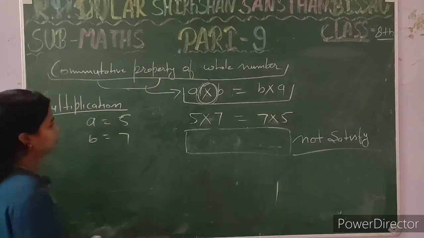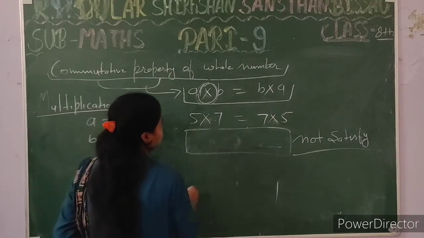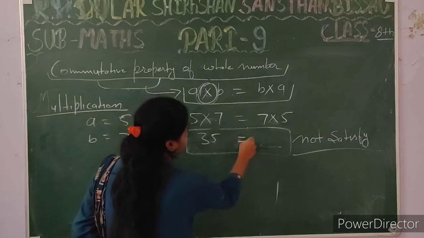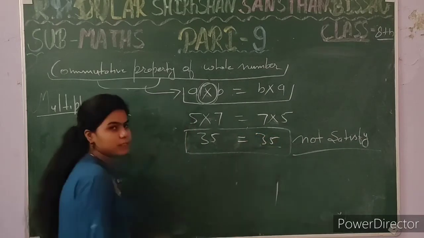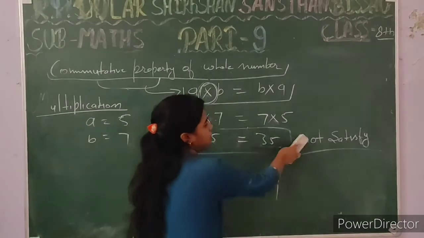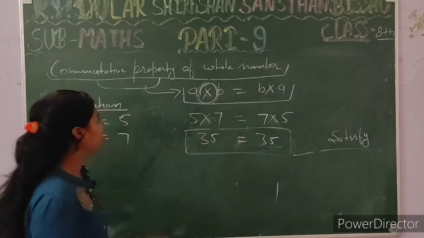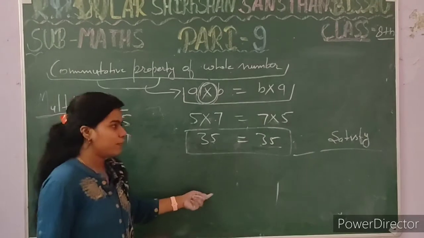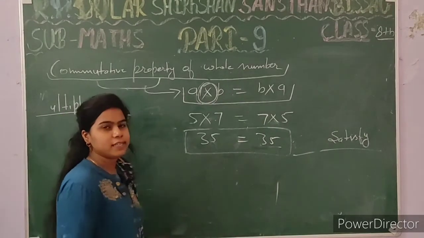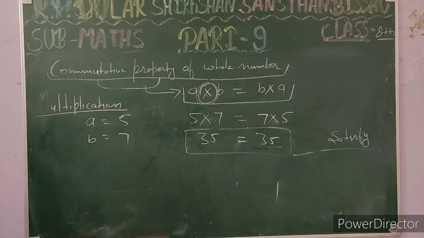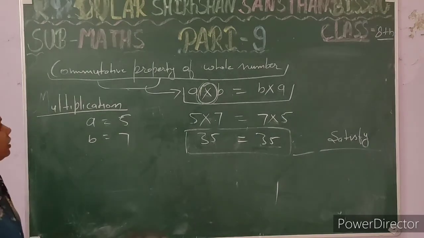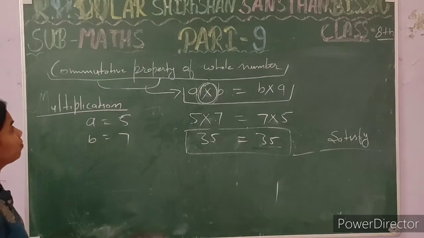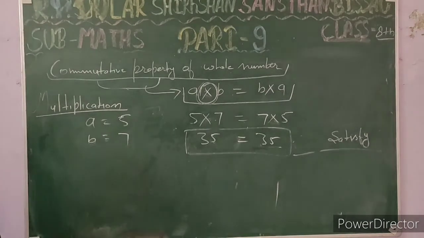Okay, students, now look here, 5 sevens are 35, 7 fives are 35. It means it will be satisfied. Then we say that the commutative property of whole numbers for multiplication will be satisfied. So we can easily say that it will be satisfied.